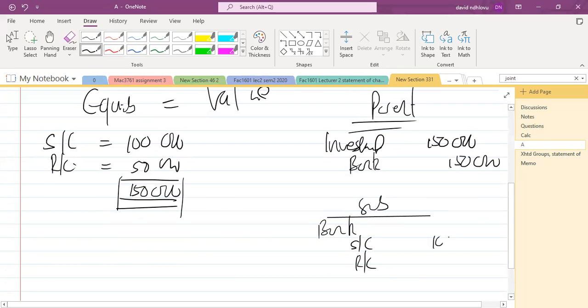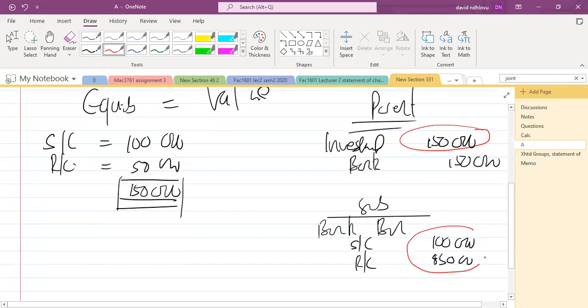So they're going to have 100,000 here and 50,000 there, against the bank. Therefore, this is a common item. The 150,000 goes against the share capital and the retained earnings that were there on the day of acquisition. You need to eliminate the investment against the share capital. Are we clear, good people? It's a common item.